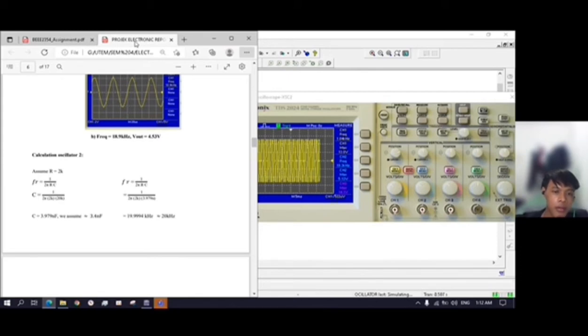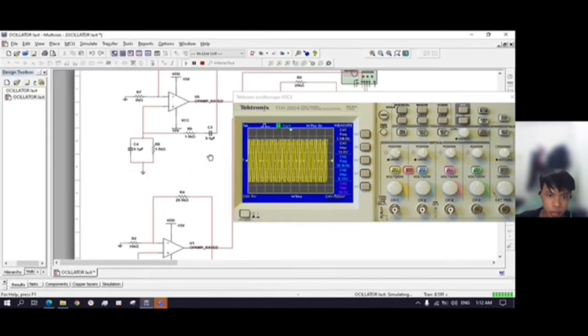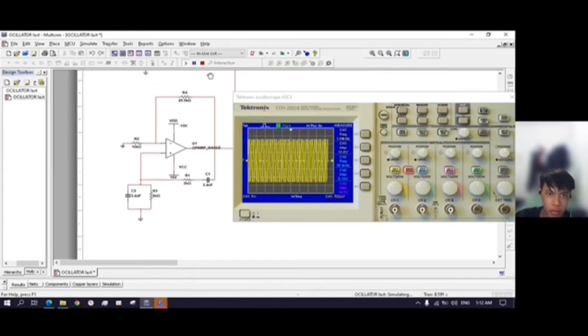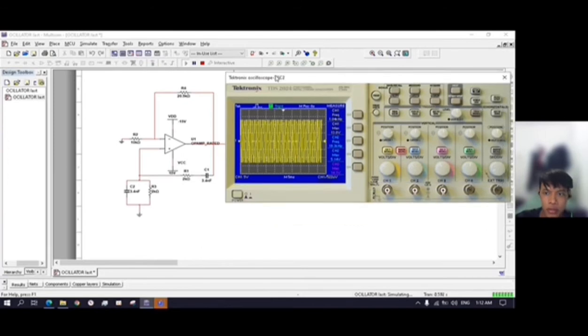We assume it as 20 kilohertz. After we get the calculation and the value of the resistor and capacitor, we construct the circuit. This is the circuit that we construct.